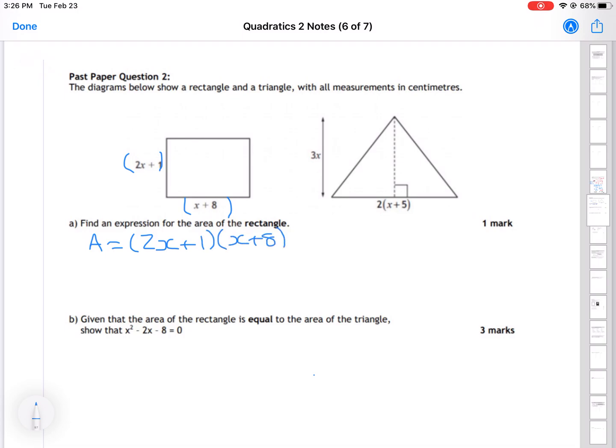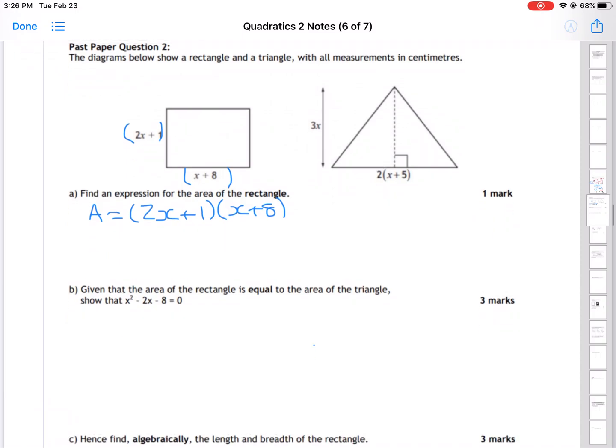And you'll see that's why I've put the brackets around it. Now that gets you your first mark. You don't have to bother doing anything with that. However, you are going to have to use the expanded form of this in question B. So I'm going to expand it first.